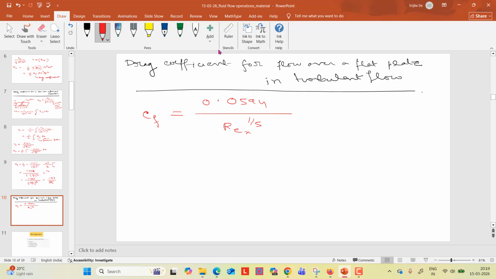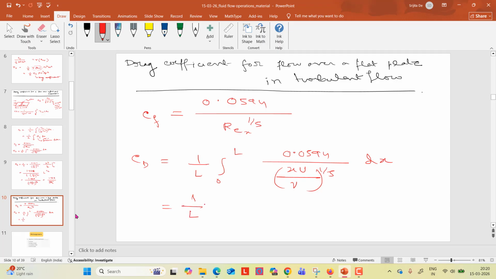Now if you do the integration, CD equals 1 by L, integral from 0 to L, 0.0594 by (Rex, which is xU by mu) to the power 1 by 5, into dx, right? So it will be 1 by L into 0.0594 by (U by nu) to the power 1/5, since U and nu are both constants.